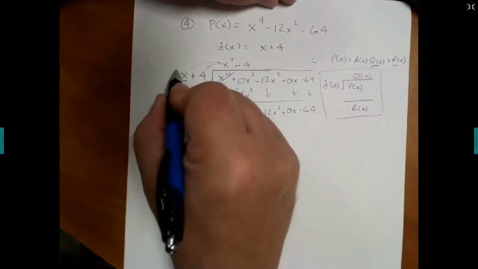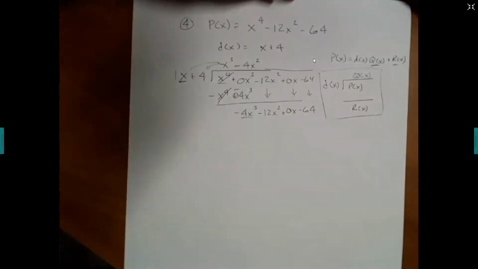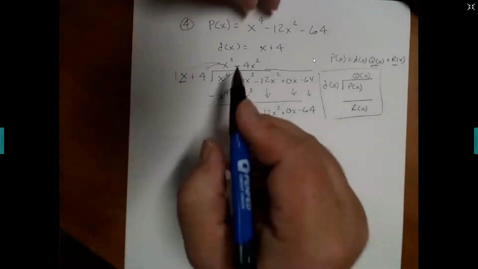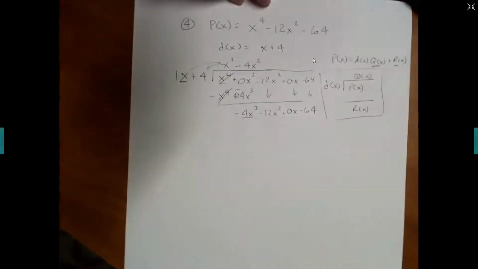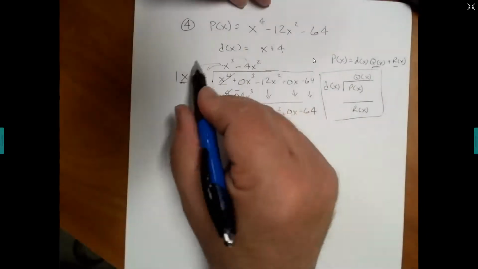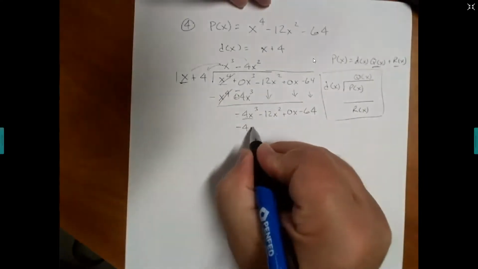Negative 4 times 1 is that. I'm missing 2 more x's, so it's x squared. Yeah, because if this was x cubed, the next one has to be x squared. The next one has to be x, then the last one has to be a constant. Negative 4 times 1 is negative 4. X squared times x is x cubed.